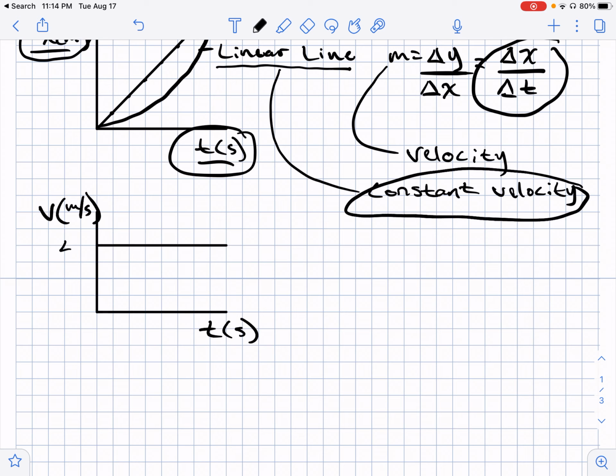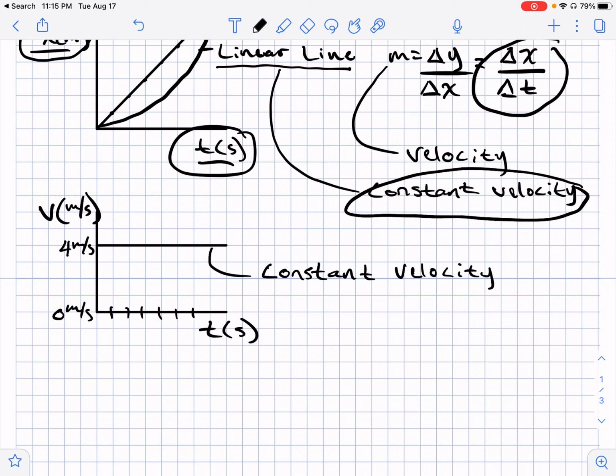Let's say this was 4 meters per second, right? Here's 0 meters per second. And let's say here's 1 second, 2 seconds, 3, 4, 5, 6. And so as time goes on, the velocity is staying the same, right? It's at 4 meters per second. So over a period of time, the velocity is not changing. So a horizontal line on a velocity time graph means we have a constant velocity.